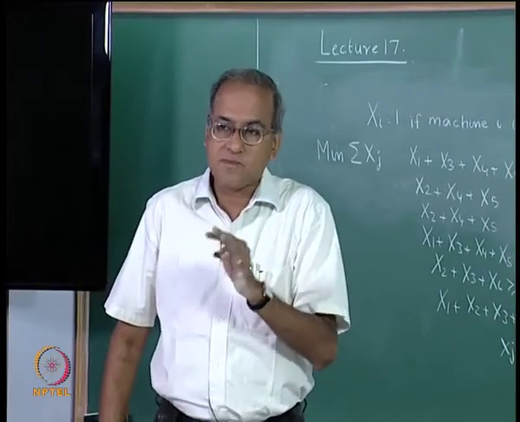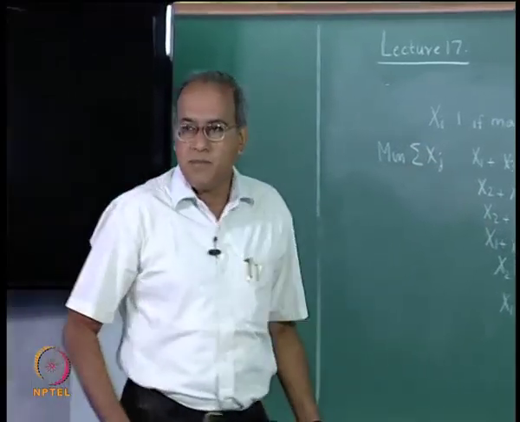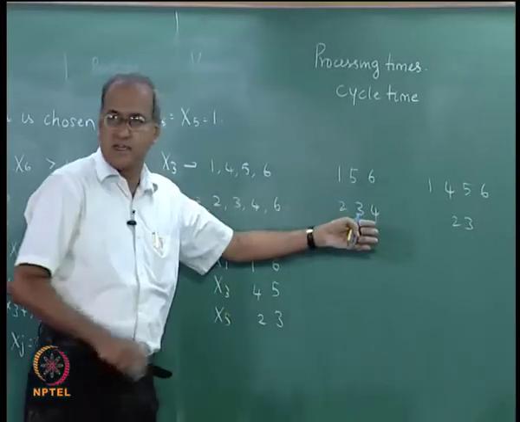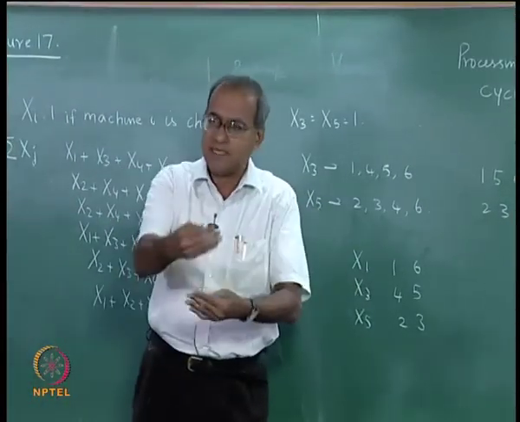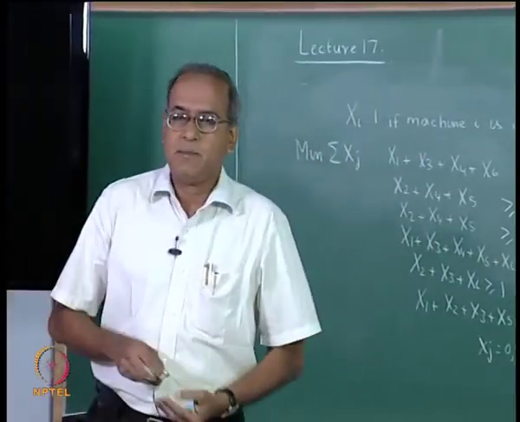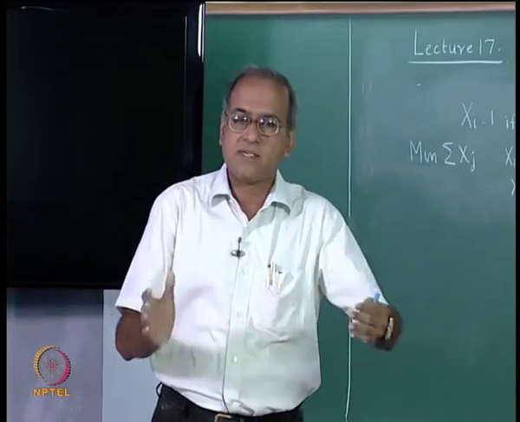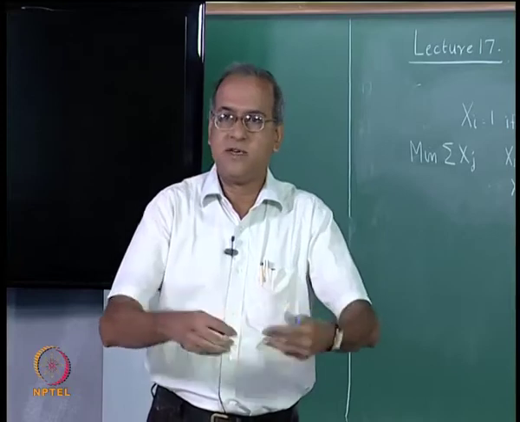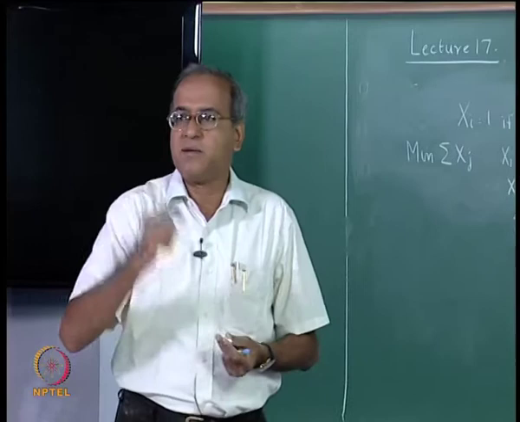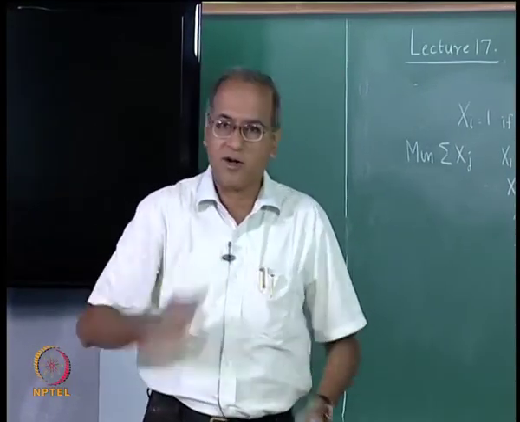But we also have to keep something in mind, which is this: as a mathematical problem, we can simply add a constraint, assuming that we have processing times, which we have not done here, we will see that later, but we could add a cycle time constraint and take it. But we also have to understand that this cell, when made, has a realistic life of about 2, 3, 4 years, so on, whereas the required cycle time can vary every day depending on the daily demand of the product.